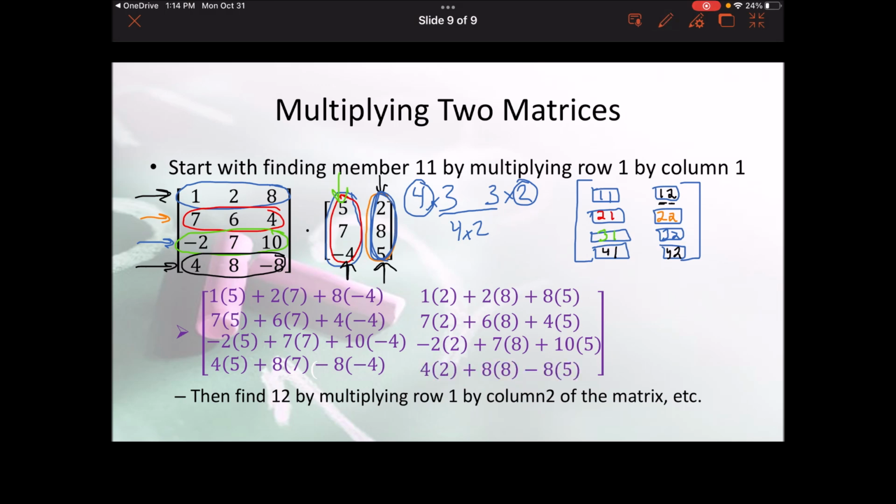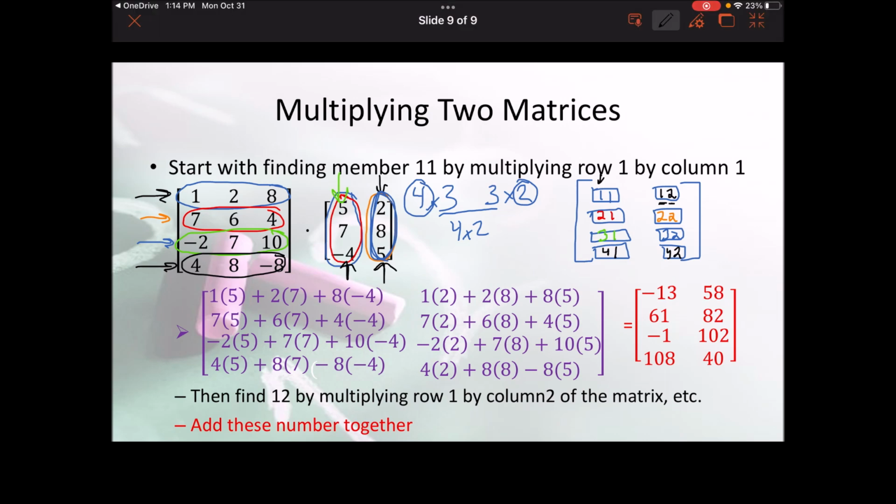Simplifying all those down, doing all the multiplication, and then combining all the numbers together, that's going to give me my final answer, which is a 4 by 2 matrix that looks like this: negative 13, 58, 61, 82, negative 1, 102, 108, 40.